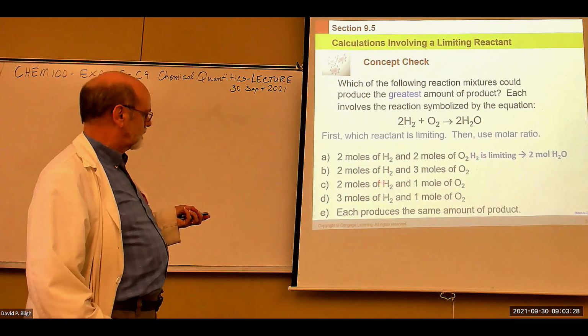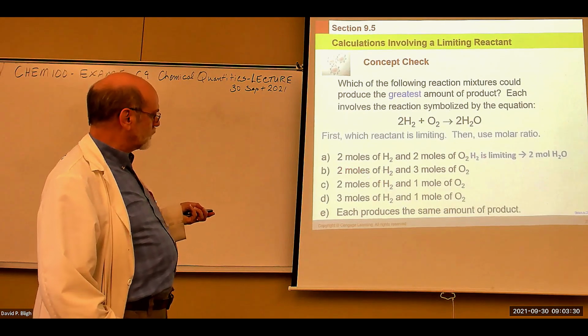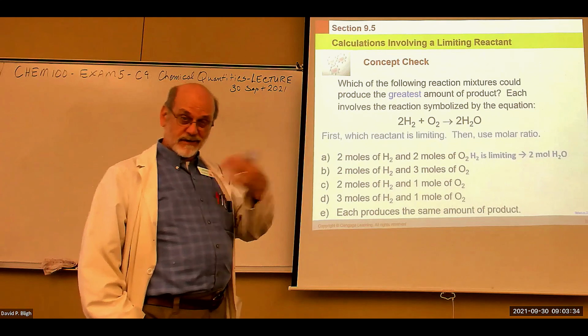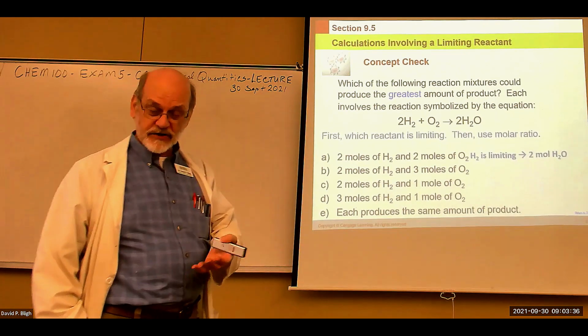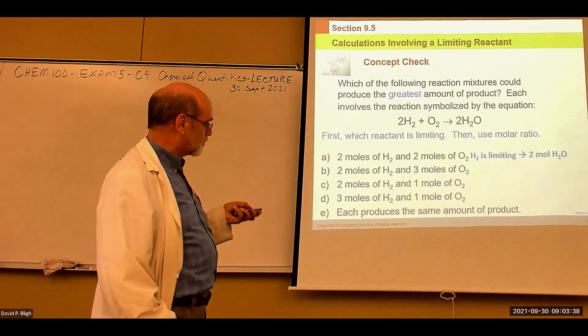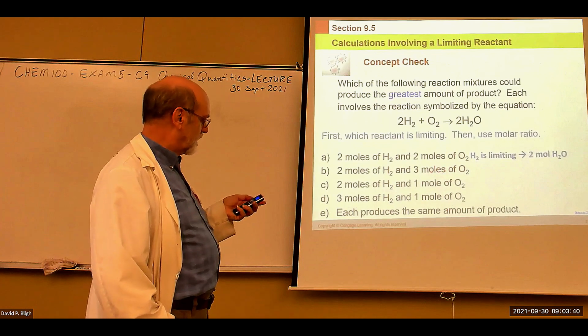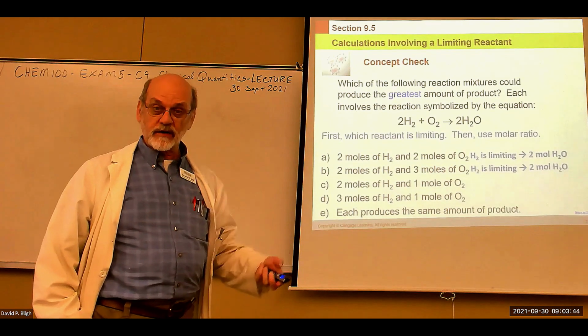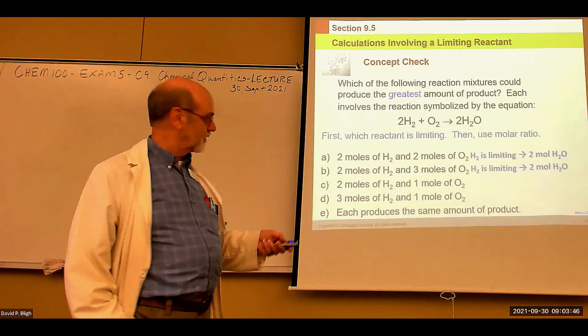How about this one? Well, 2 moles of hydrogen only needs 1 mole of oxygen, so we've got excess oxygen again. Only now we've got 2 moles extra of oxygen, but we produce the exact same amount of water, right?